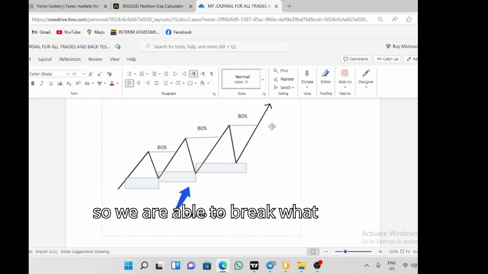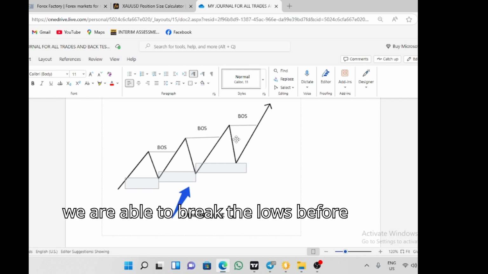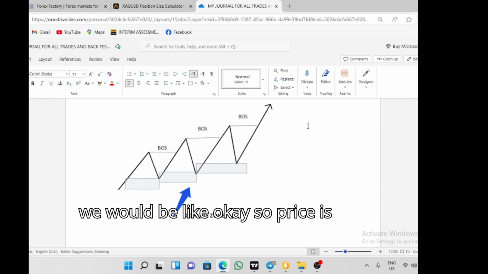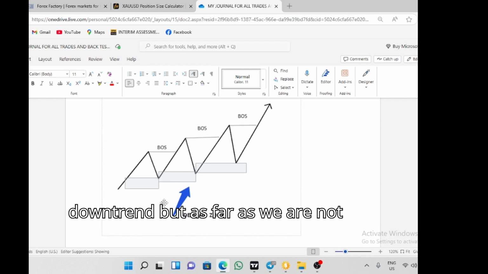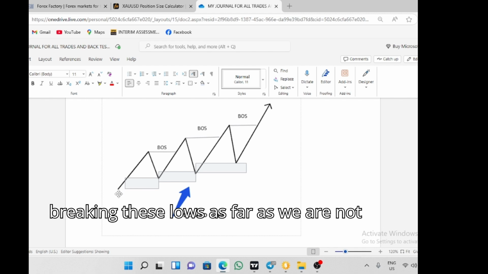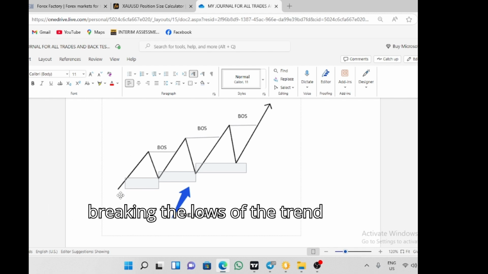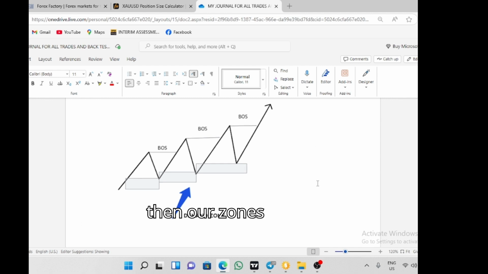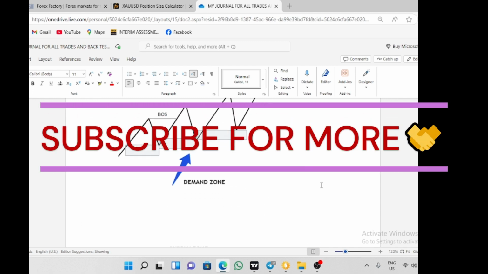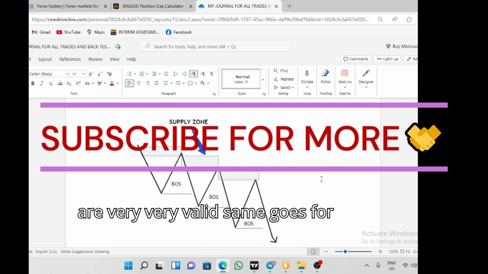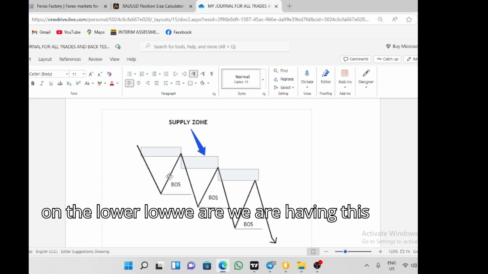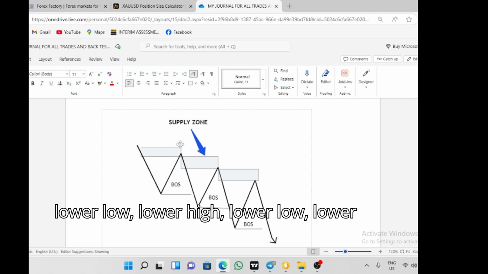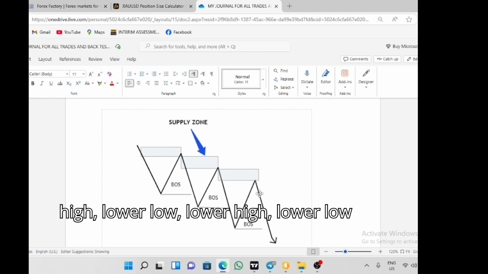So if we are able to break the lows, we will be like, okay, price is changing from an uptrend to a downtrend. But so far as we are not breaking the lows of the trend, then our zones are very, very valid. Same goes for supply zones as well. We are making lower low, lower high, lower low, lower high, lower low, lower high, lower low.